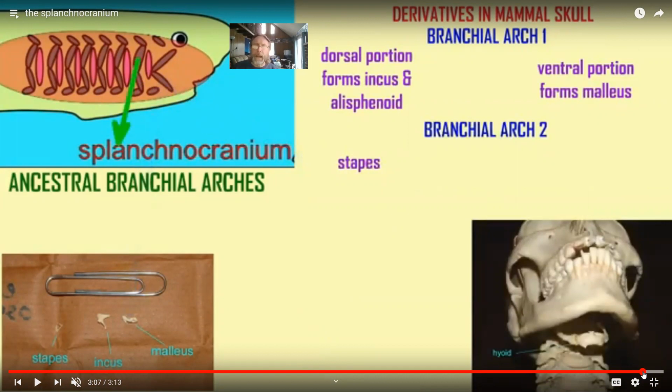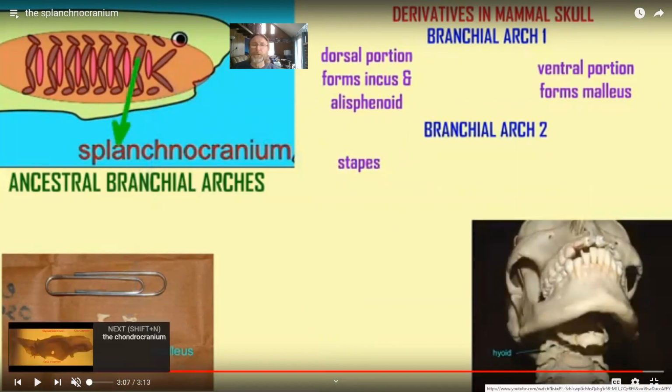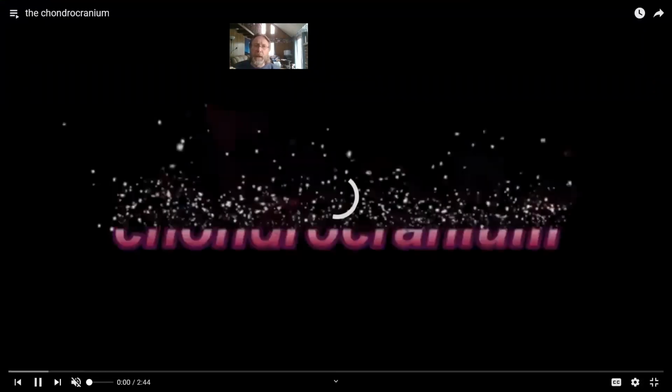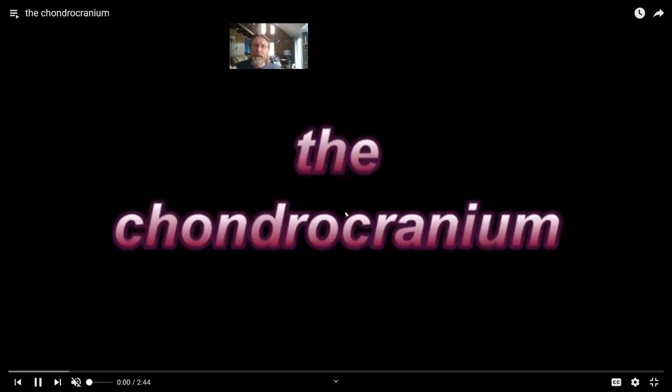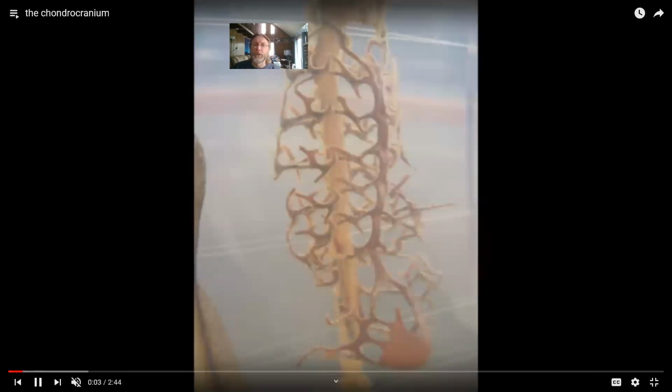But then finally, as the vertebrate skull is modified over millions of years, portions are retained, and we humans still retain, as part of our sphenoid bone, as part of our hyoid bone, as the middle ear bones, portions of the splanchnocranium, this original region of the vertebrate skull.